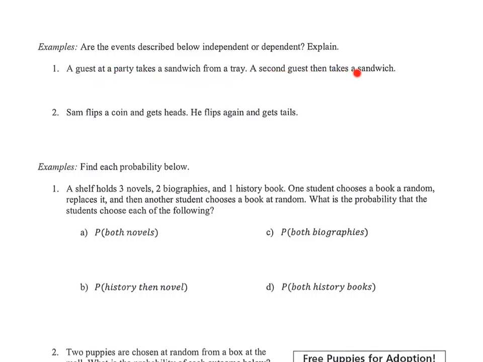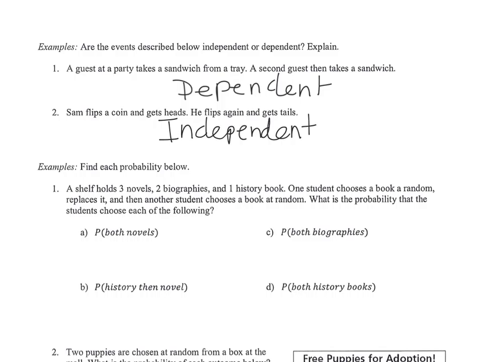A second guest takes a sandwich. This would be dependent because one sandwich is gone. Sam flips a coin. Flipping a coin is independent. If you flip a coin and get heads, if you flip a coin again, you could still get heads. That's why it's independent.